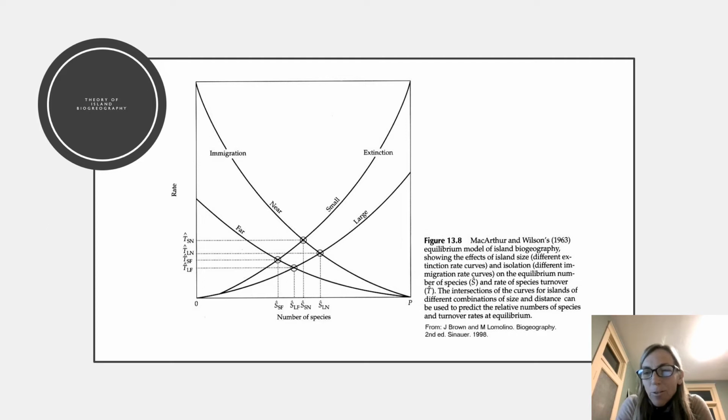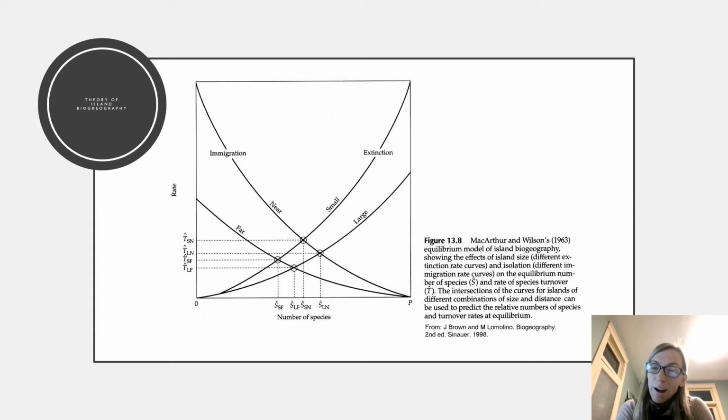So if you sit with this graph for a little while, it becomes clear that, in summary, what they postulated was that small islands that are far away from a mainland source that provides a source of species immigrating to, let's say, a new island are going to have the fewest species.